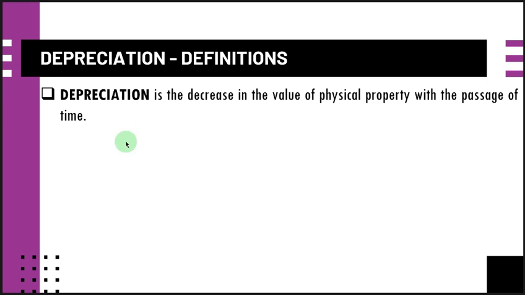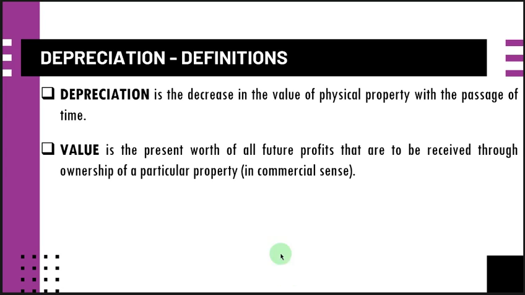So we have now this value. So what is the definition of value? Okay. So it is the present worth of all future profits that are to be received through ownership of a particular property. And this is in a commercial sense.